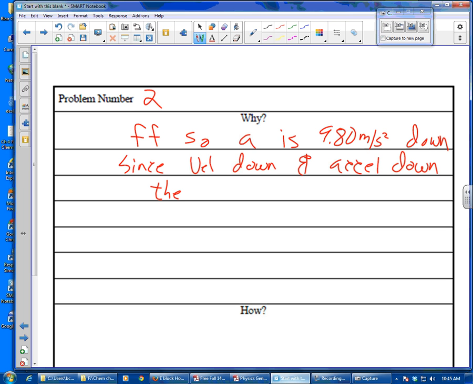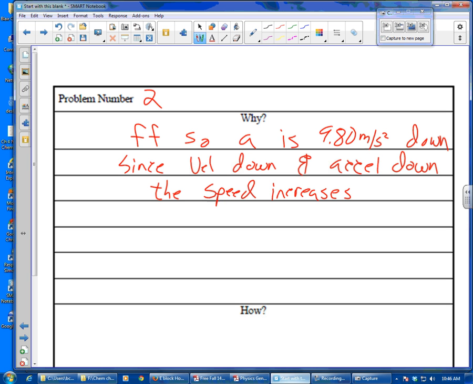Sorry, I just got tired of writing free fall. The speed increases. Since the acceleration and the velocity are both down, the speed increases. It gets going faster and faster and faster.